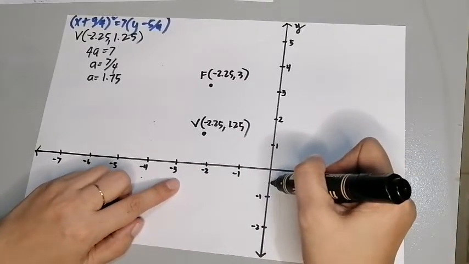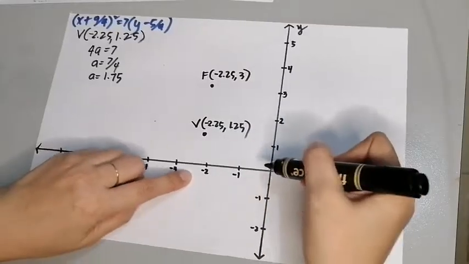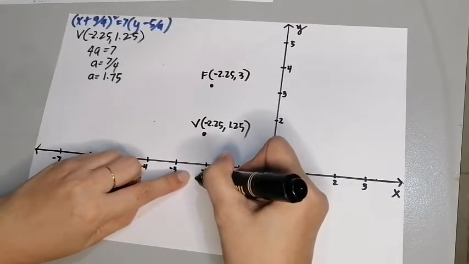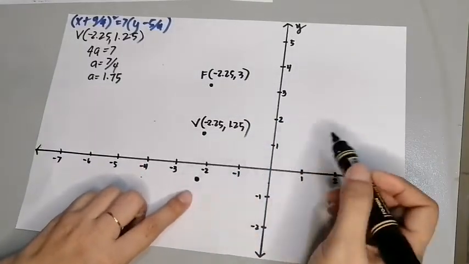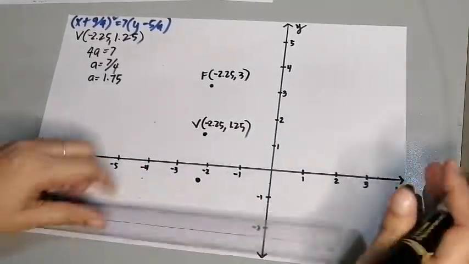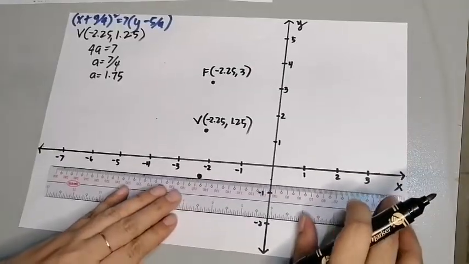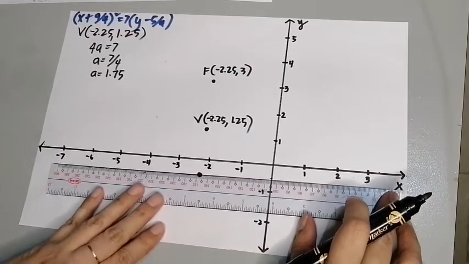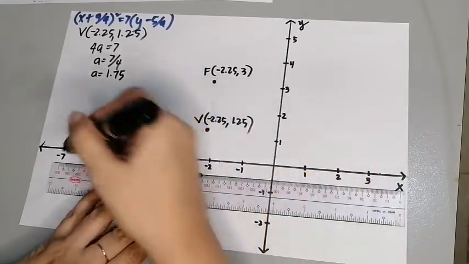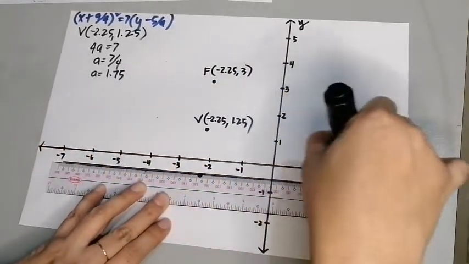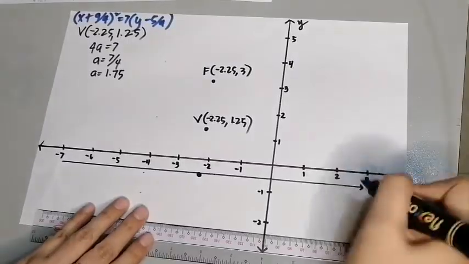So it's here, okay? What would be the coordinates of this point? Anyway, that will just be our guide for us to determine our directrix. So we have here the directrix.